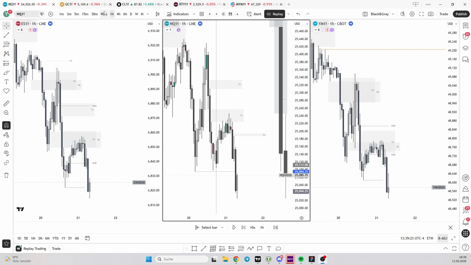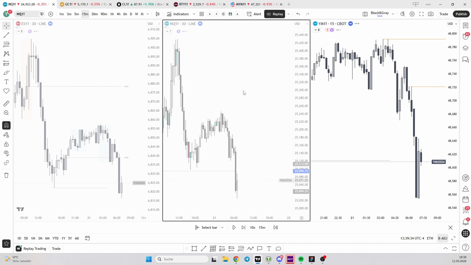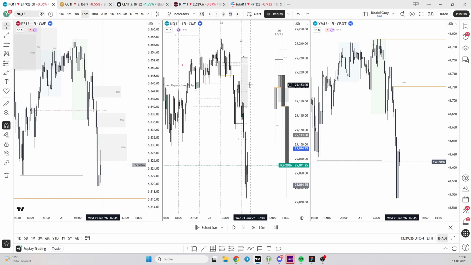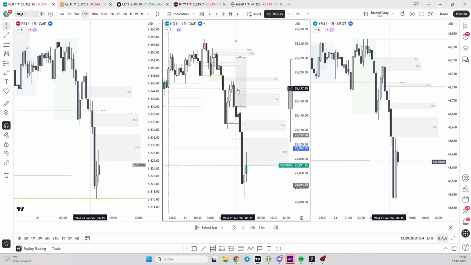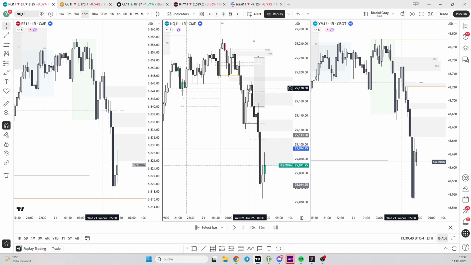So we displaced lower, and then I jumped into the lower time frames, and I was looking here for a short 2, but we had no SMT or PSP for continuation, so I couldn't take a trade.